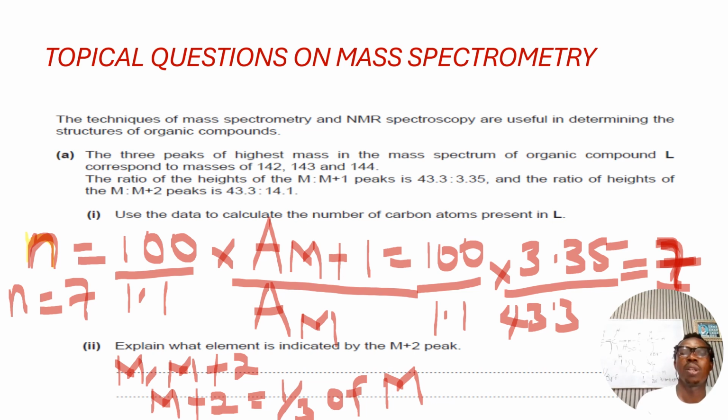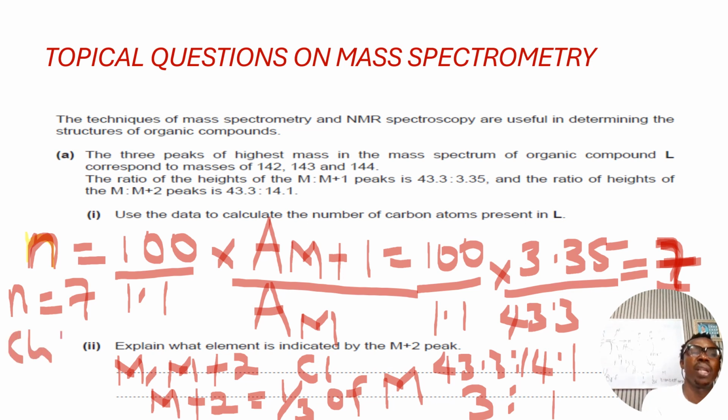So 43.3 to 14.1 is 3:1. Therefore, the element is a halogen, which is chlorine. So the element indicated by the M plus 2 peak is chlorine atom.